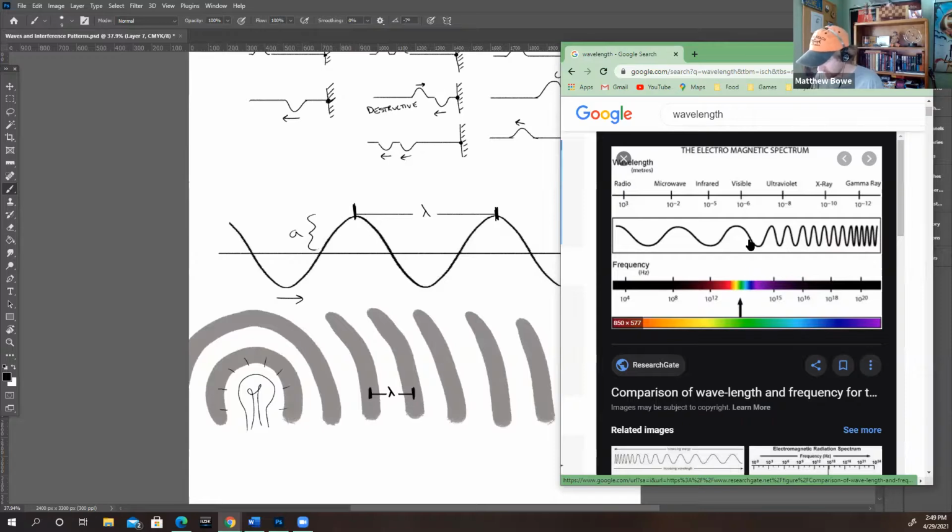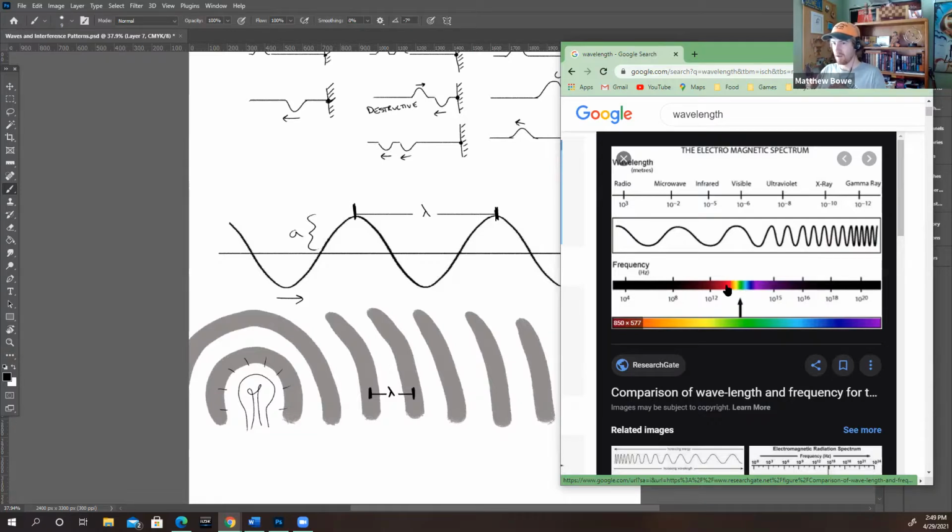So changing the wavelength, just stretching this wave out a little bit more, changes the color of the light. Squeezing it in can make it more violet. Stretching it out makes it more red.